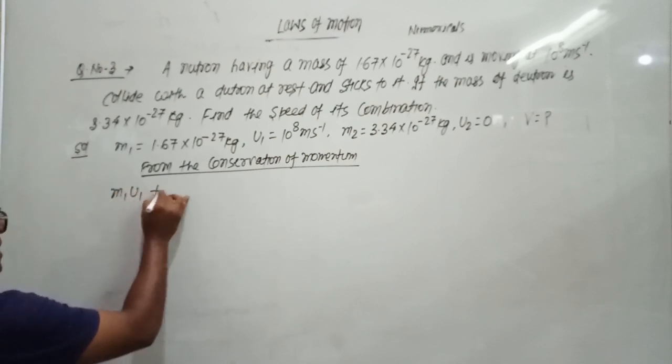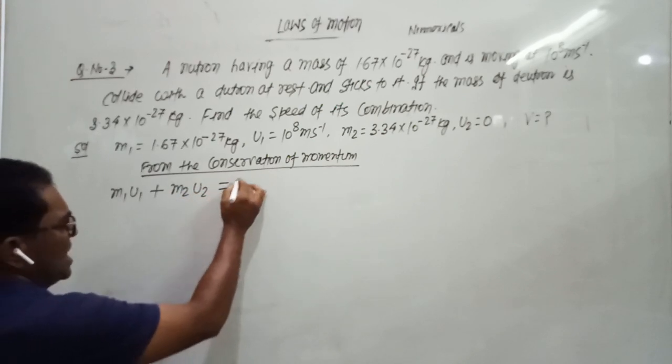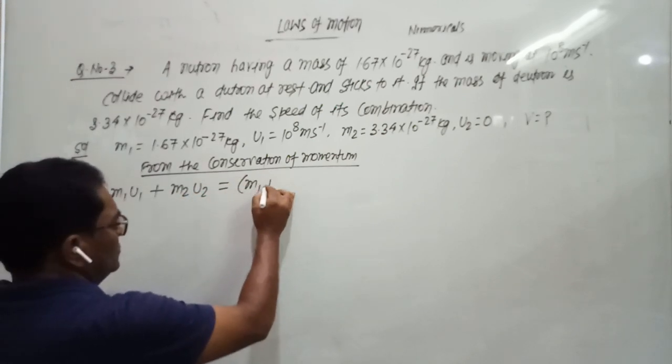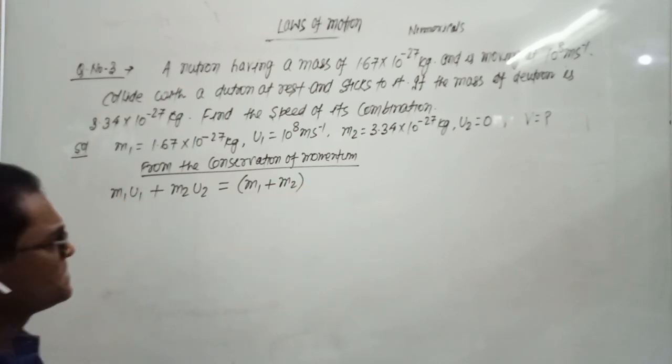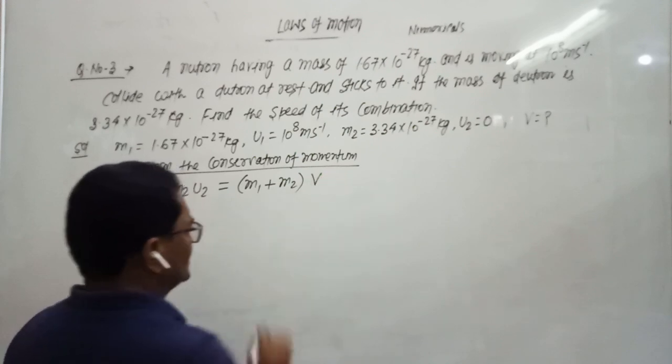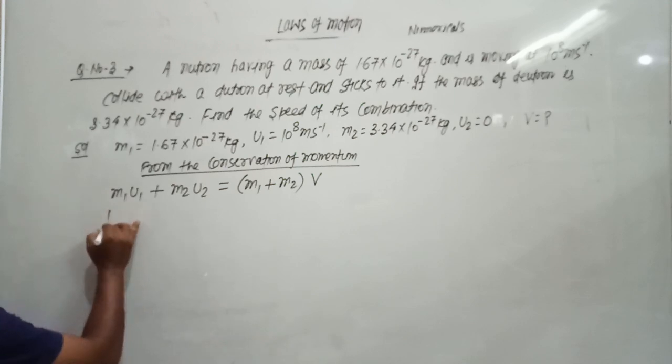So m1 u1 plus m2 u2 is equal to, after collision they stick together, so their combined mass into velocity. The velocity we suppose to be capital V.